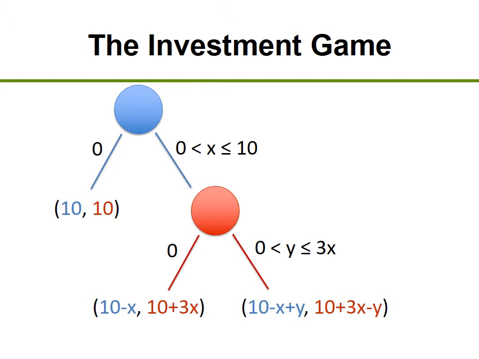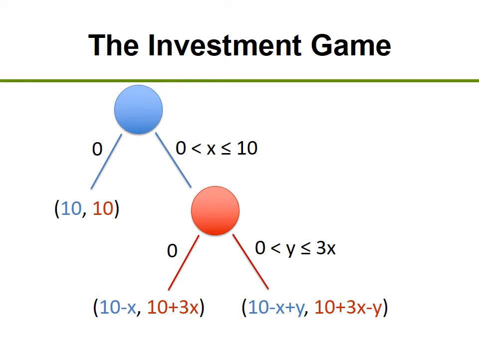If they send something to the second player, then the second player has the option to send back nothing, which means the first player goes home with 10 minus X, so whatever they passed, and the second player goes home with the whole amount of their 10 that they started with, plus 3 times what the first player sent them, right? Or the second player can choose to send back some amount Y that's between 0 and the full 3 times what they were sent.